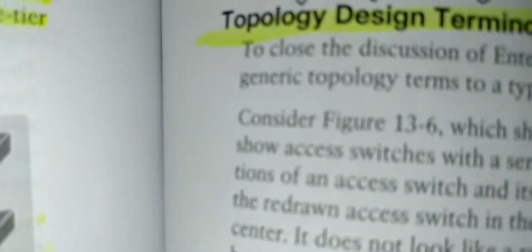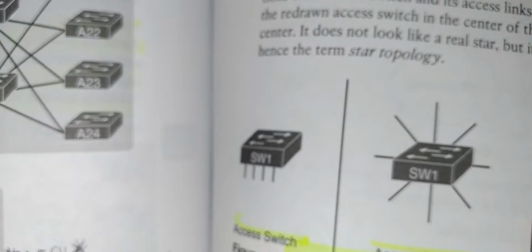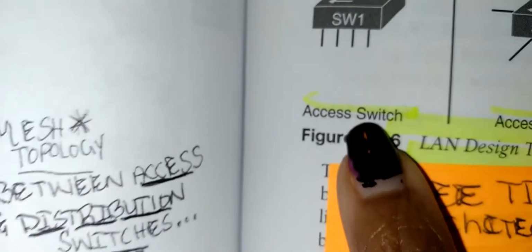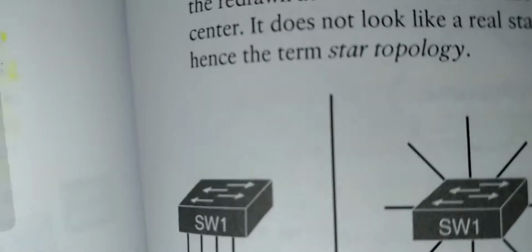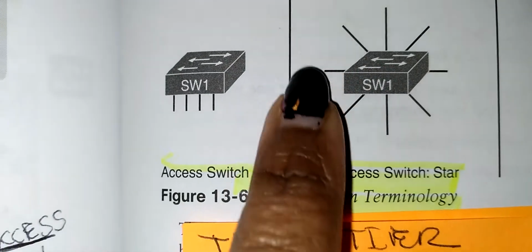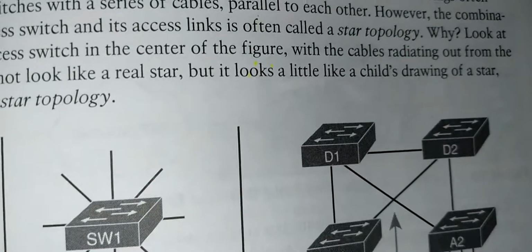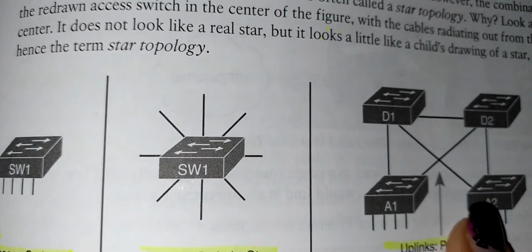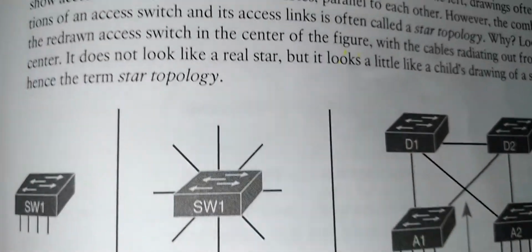So the topology design terminology: the access switch is right here, access switch, and then we have access switch star, and uplinks partial mesh. See how it's the access layer, the bottom layer, to distribution is like a mesh.